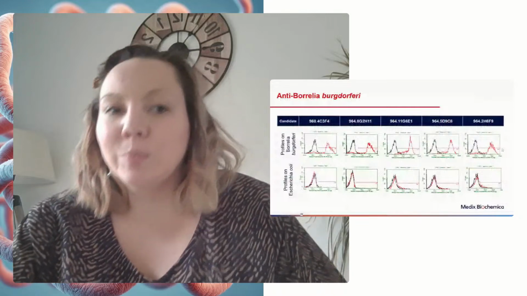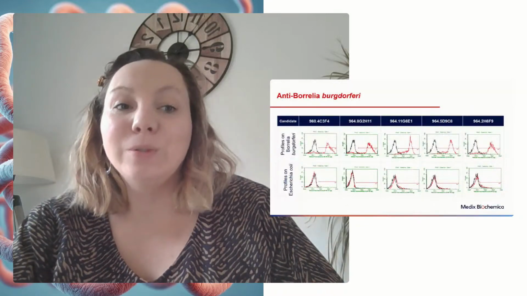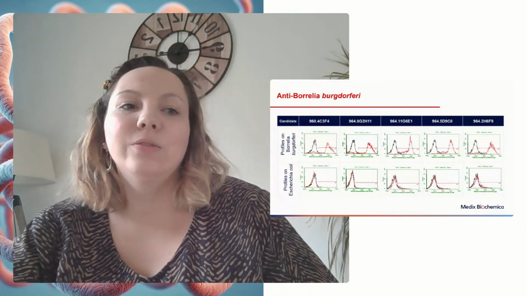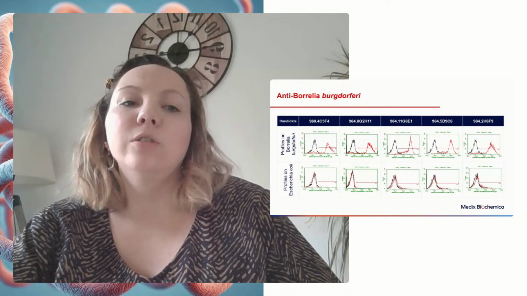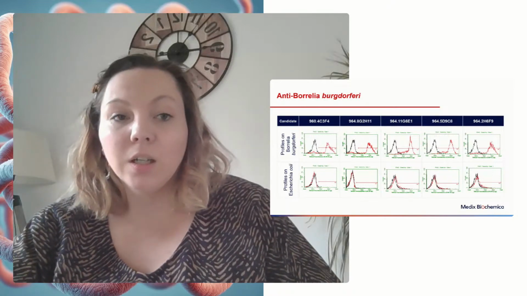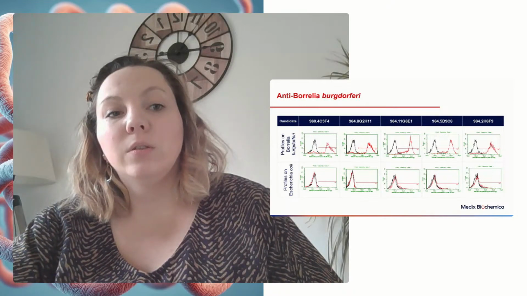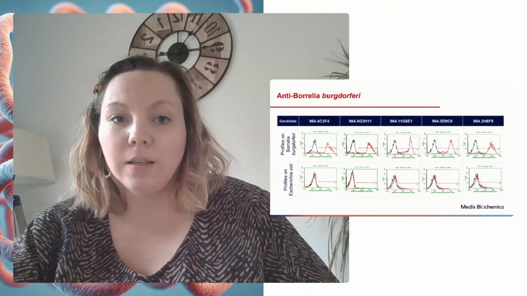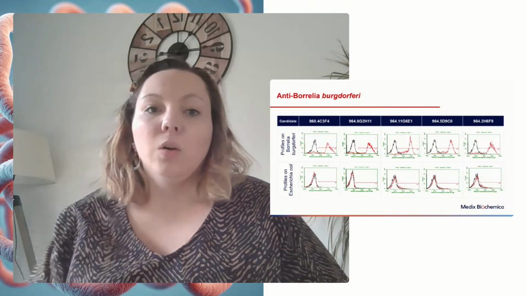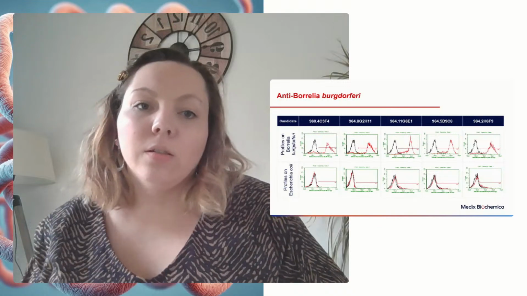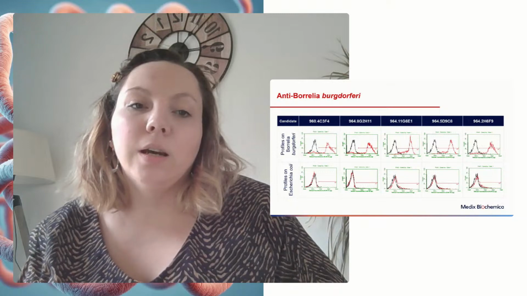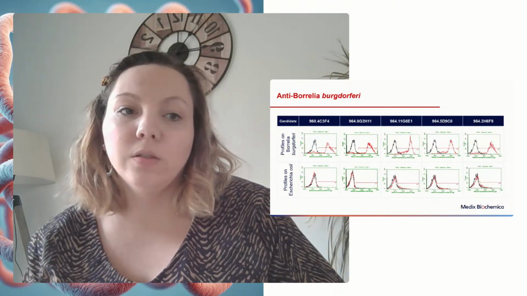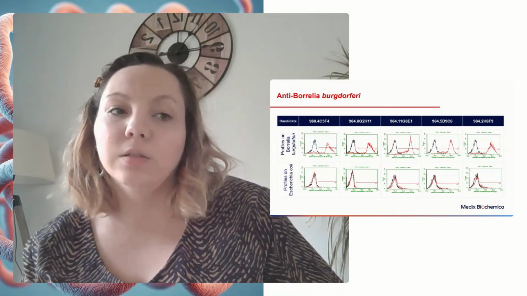After several steps of optimization, we succeeded in obtaining a well-defined protocol for the Borrelia characterization. For this project, all the candidates were validated by flow cytometry and ELISA assay. We use E. coli as a negative strain, and we check the specificity of our anti-Borrelia antibodies.